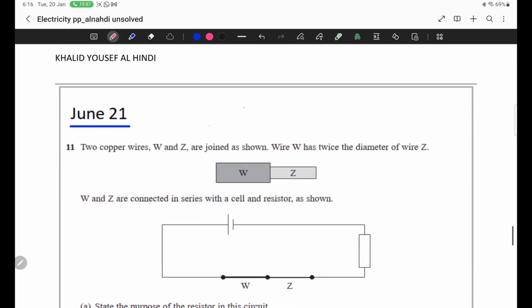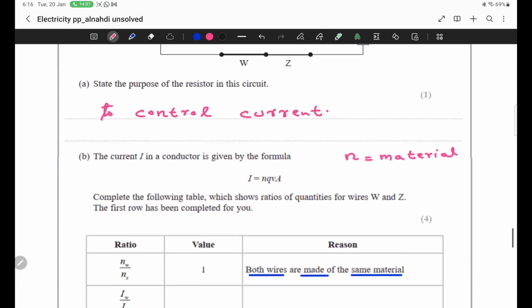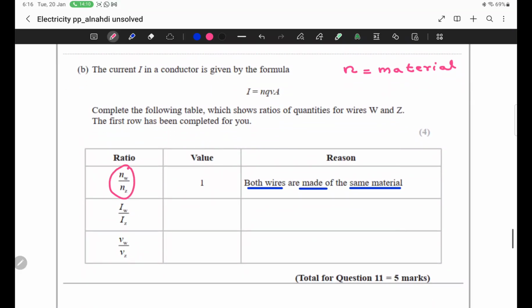If the material of W and material of Z is same, then obviously their number density will be same. And if their number density is same, then obviously their ratio will be equal to 1. But this line is given. Okay.